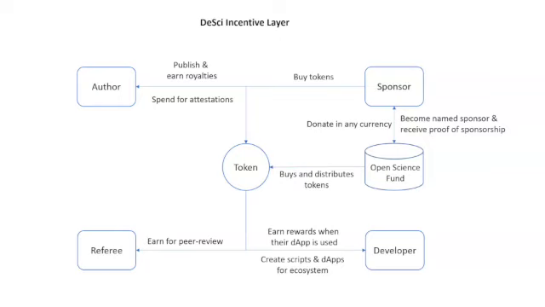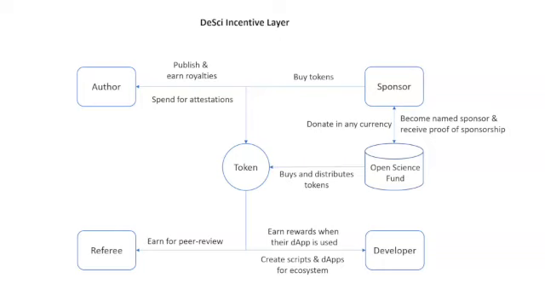So authors would earn royalties for publishing, and they would spend them for applying for attestations. Referees would earn tokens for conducting peer review. There's probably going to be a time limit and some quality criteria, whatever. Sponsors donate to an open science fund in exchange for becoming a named sponsor on research objects and receiving proof of sponsorship.